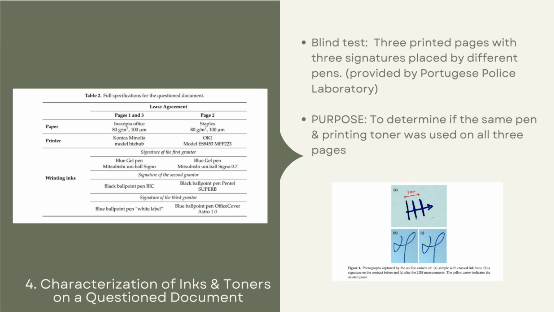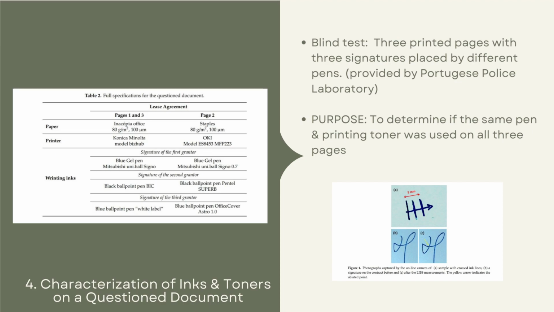In this case, the analysis was to verify if the same pen was used on all 3 pages by applying LIBS at only 1 point per signature, and also if the printing toners were the same on all 3 pages.